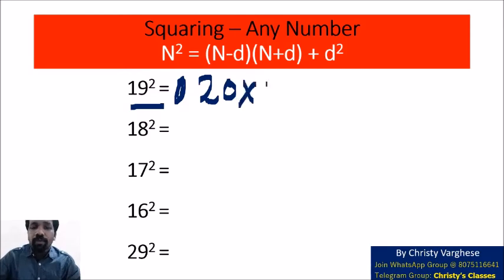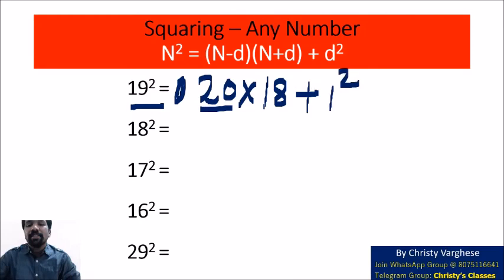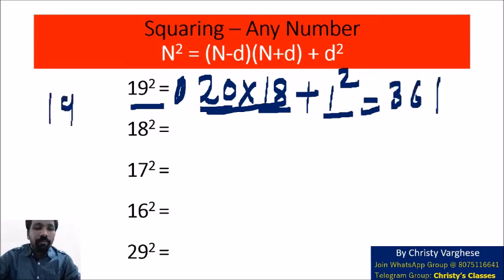So for your second number you subtract 1 to make it 18, plus 1 square, because you added and subtracted 1. So the compensation should be 1 square itself. 20 into 18 is what? 360. 360 plus 1, 361. That's like 19 into 19 like this. That is time consuming because you have to write more steps there.